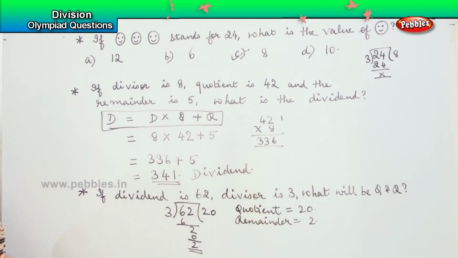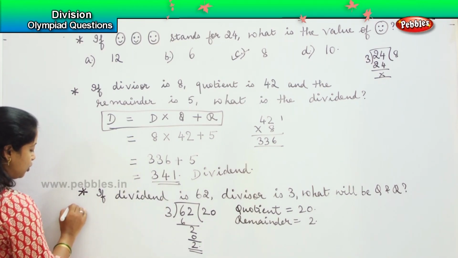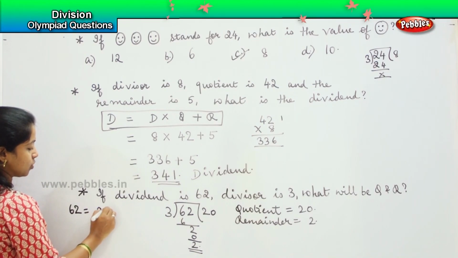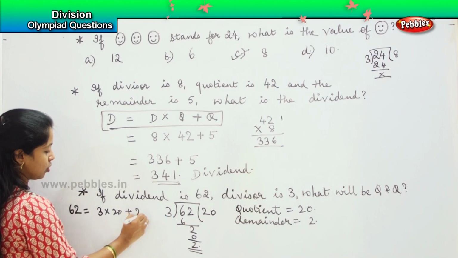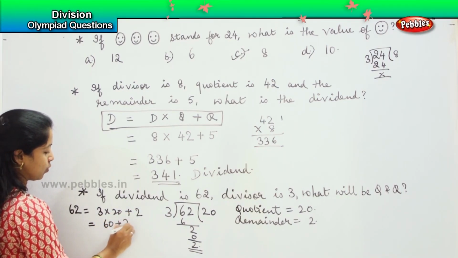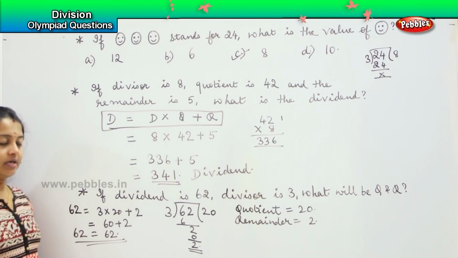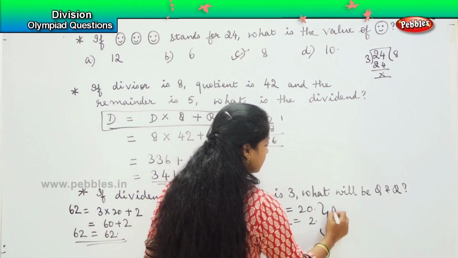If we want to cross check, how will we cross check? My dividend should be 62, right? The divisor is 3. So 3 into 20 plus my remainder 2, which is 60 plus 2, which is 62. So the question given and the answer got is the same. So this will be my answer.